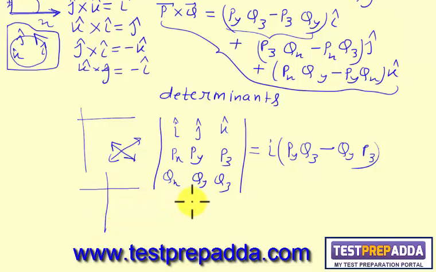In that case, you close this and then multiply what? Px with Qz and Qx with Pz and subtract.